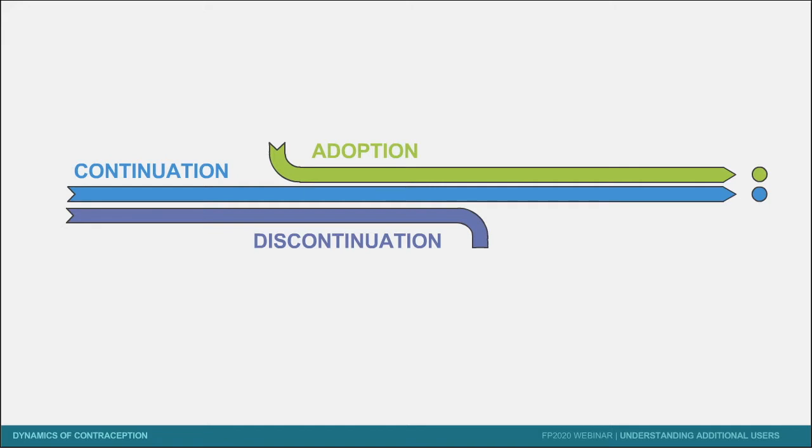For example, clients or adopters, first-time users, and so on. And while that helps to give us an understanding of what's going on for women indicated by the blue and green lines, these types of data are unlikely to provide a full picture of contraceptive use dynamics.